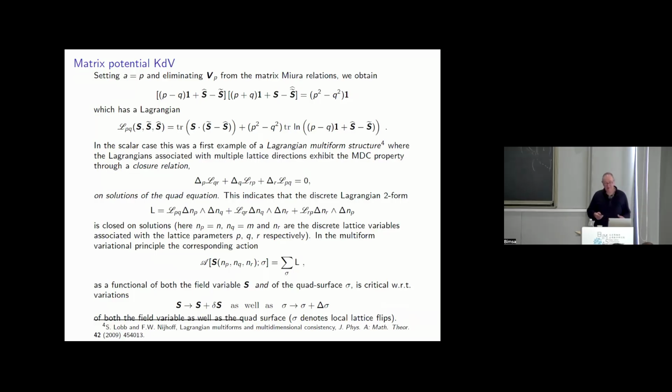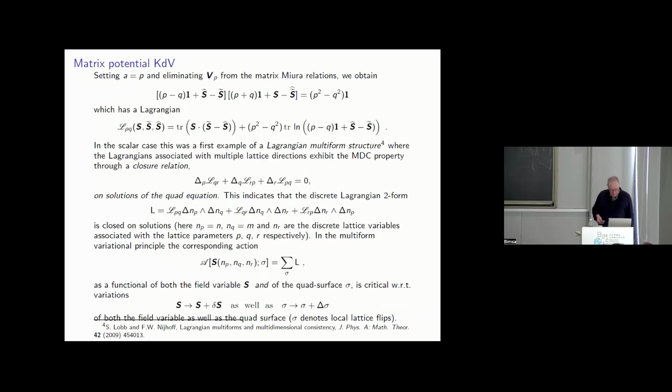Okay, at this point, one could consider also the Lagrangian structure. That is a story in its own right, which is this development that we call Lagrangian multiform theory, which is a variational theory for integrable systems, basically, which endeavors to build the multidimensional consistency into the variational formalism.